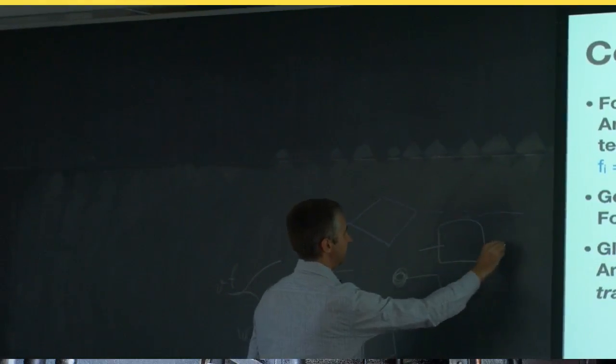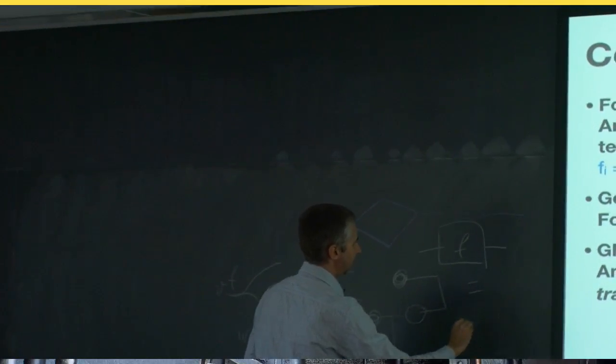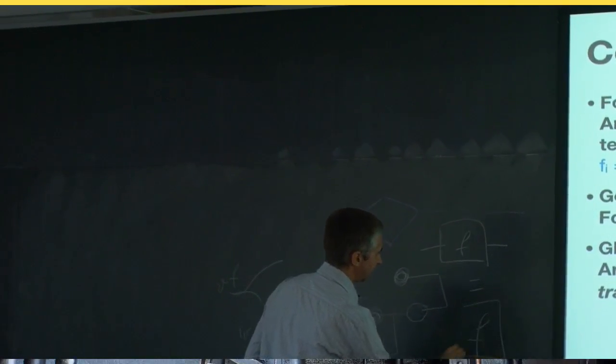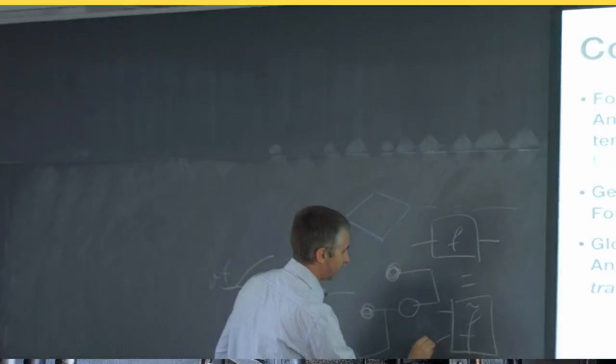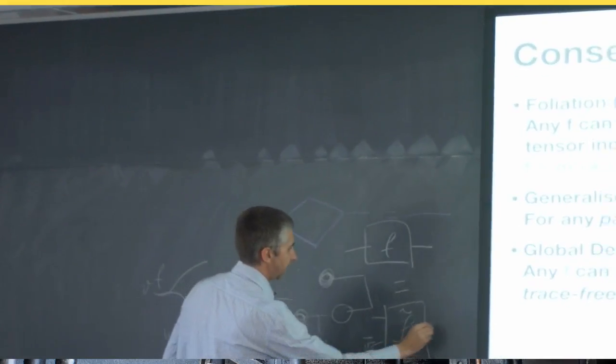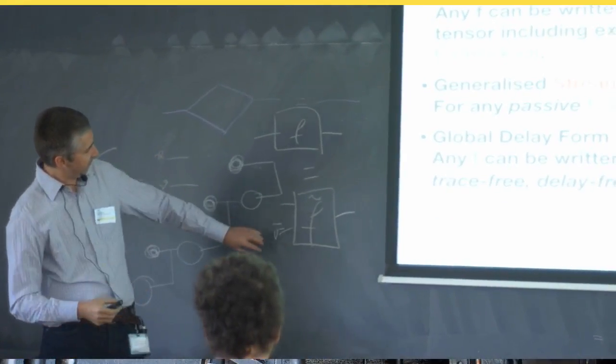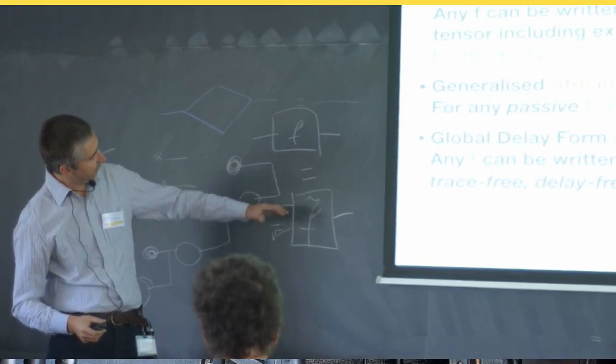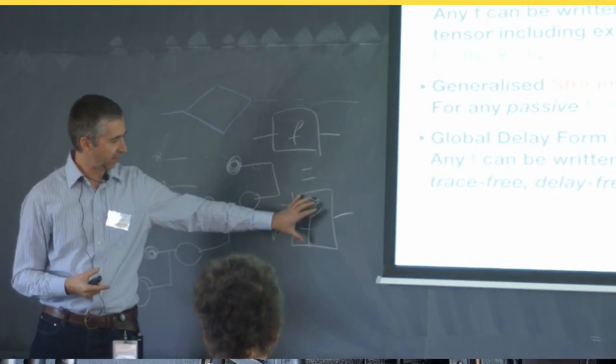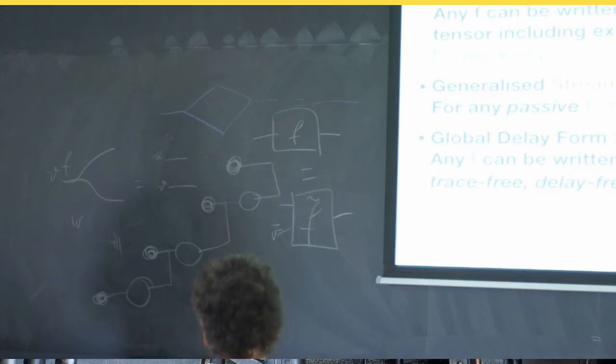So if you have a circuit like this, you can write it like this, where everything that is an input is just pulled outside, and what's left in here is passive. So it has only the gates.